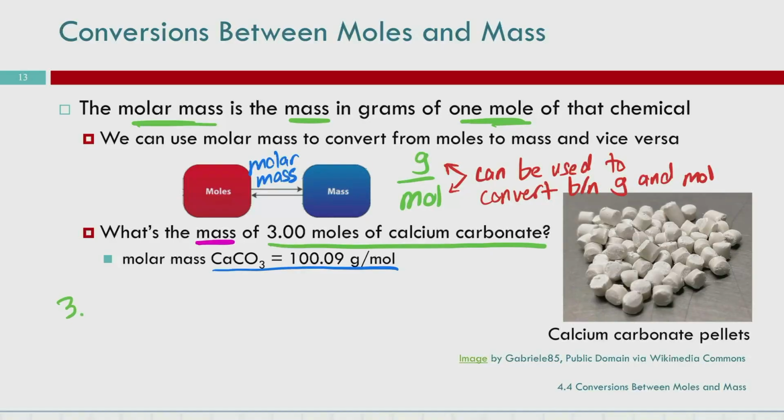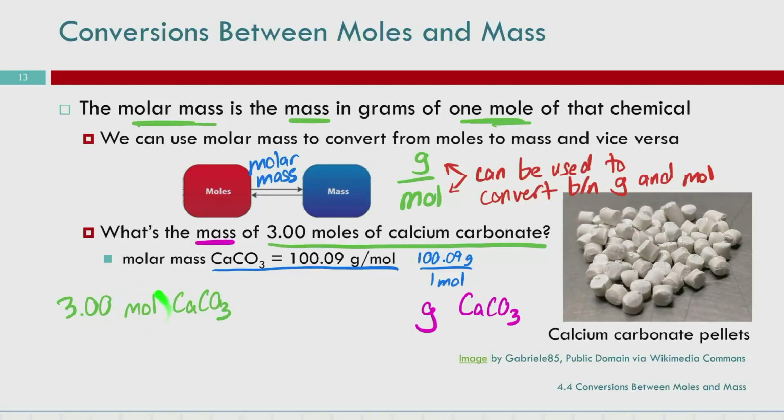We're starting with 3.00 mol CaCO3. We want to convert this into grams CaCO3. The 100.09 grams goes with the moles part. So we could also write this 100.09 grams over 1 mole. Those are equivalent.